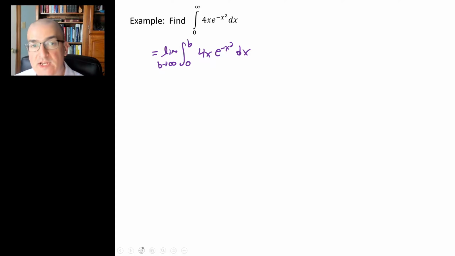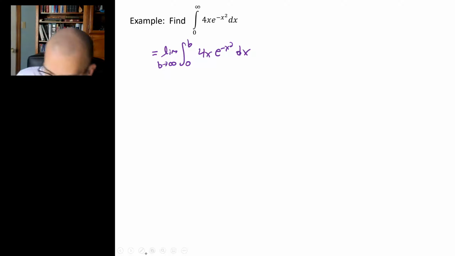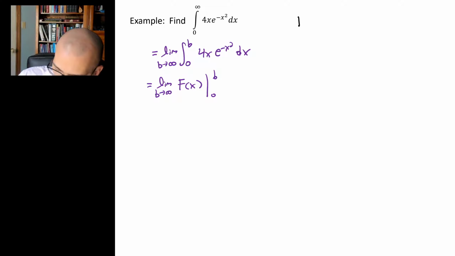So whenever there's an improper integral with substitution, I highly recommend using the other method for working with definite integrals. Find the general antiderivative, capital F of x, and then whatever it is, you're going to get capital F of x evaluated on the bounds. And we have to find what that capital F of x is. So capital F of x is the integral of 4x e to the negative x squared dx.